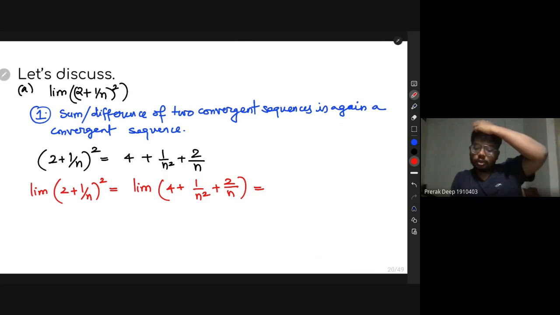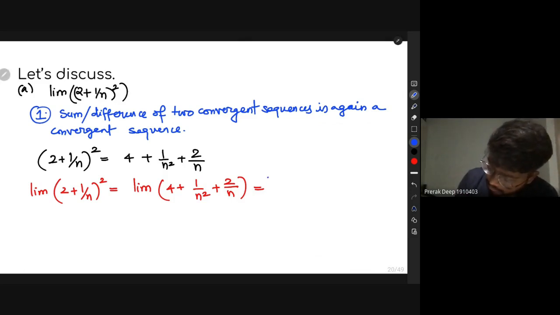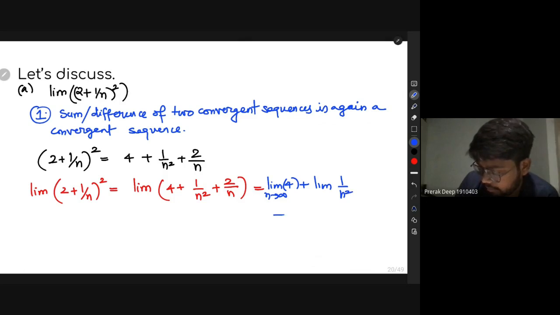The first fact also gives me the formula for the sum of sequences: the limit of the sum of convergent sequences is nothing but the sum of their limits. So I can break it into the limit of the constant sequence 4, plus the limit of 1 over n square, plus the limit of 2 over n.